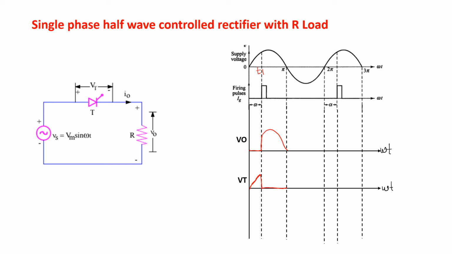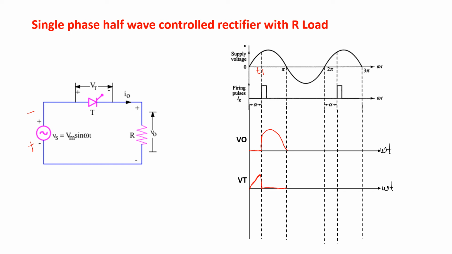After instant pi, the negative half cycle starts. During the negative half cycle, the upper side will be negative and the lower side will be positive. Because of this negative voltage applied to the anode of the SCR, the SCR will become reverse biased. Obviously, in reverse bias condition it will not conduct.